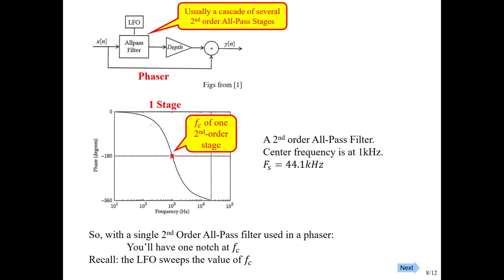So here's the idea. Let's just look at a single stage. So one, not a cascade of several second order all pass stages, which is typical, but just one stage. So one second order all pass filter. So here's a rendering of the plot that we just looked at on the previous slide, although now the FC is quite a bit lower.